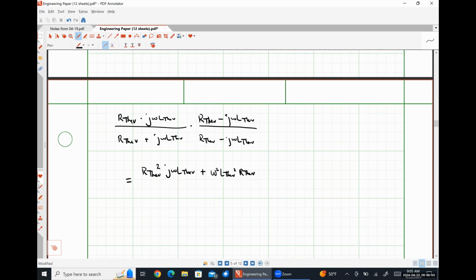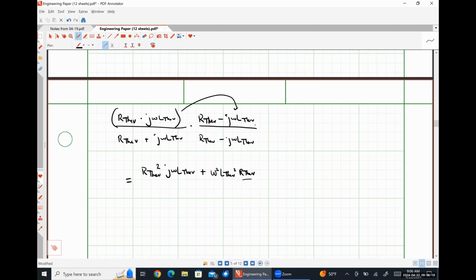I'm just trying to multiply this bit right here by this part first, so I just get a square of the resistance. And then for that second term, I'm multiplying that bit by this guy over here. So the R Thev by itself comes from this bit, and then I have j omega L Thev times negative j omega L Thev, which I believe is positive omega squared L Thev squared, because j times negative j is positive 1.